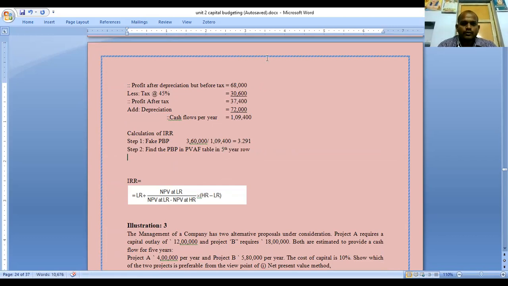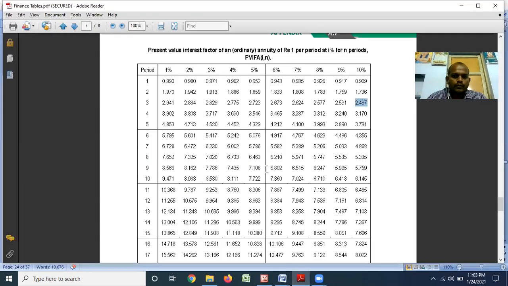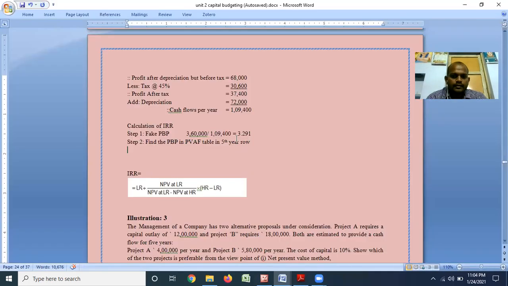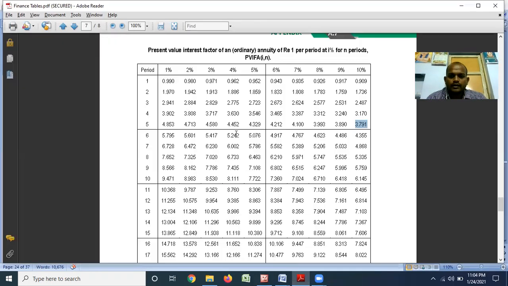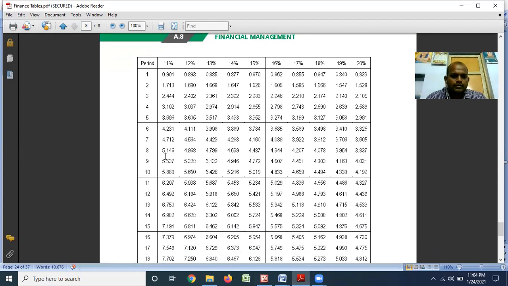So, fifth year row annuity table, we have to find the payback period, that is 3.291. At 10% is 3.791. Okay, 3.291.